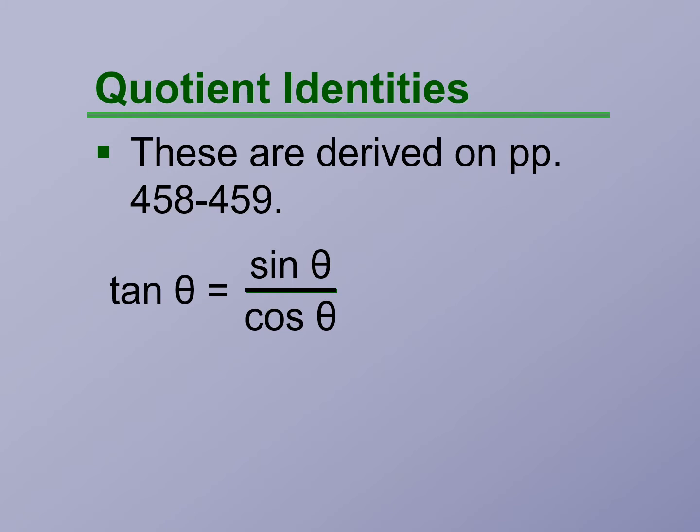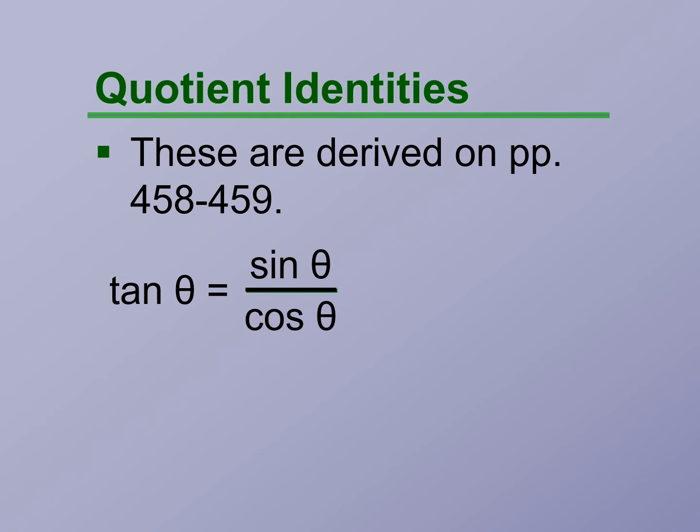And the way that works is because if you think about it, tangent is opposite over adjacent. And if you were to put sine over cosine, sine is opposite over hypotenuse and cosine is adjacent over hypotenuse. So opposite over hypotenuse divided by adjacent over hypotenuse ends up being opposite over adjacent, which is what tangent is. So that's how it's proved to be true.